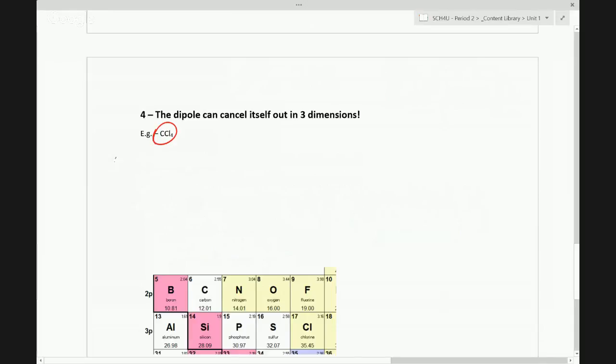So here again, we would say carbon gives us 4 electrons, chlorine gives us 7 each. But there's 4 of them, which is going to give us a total of 28.